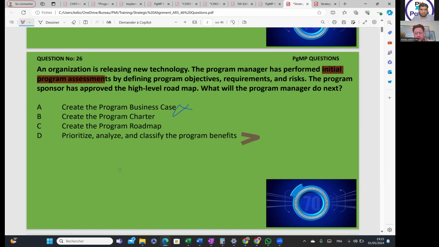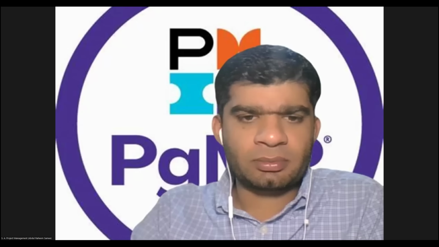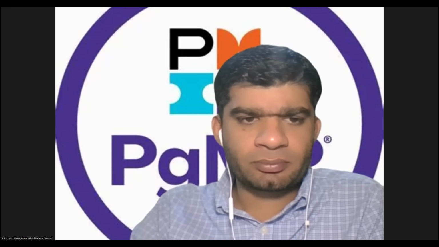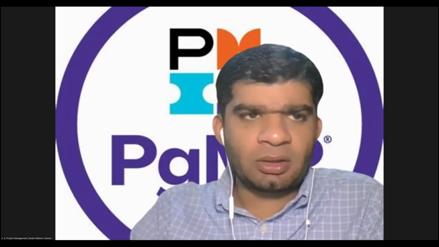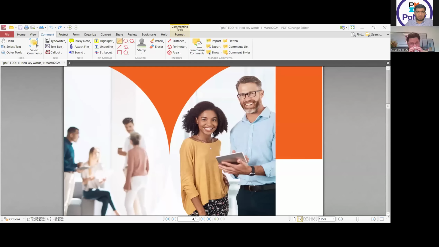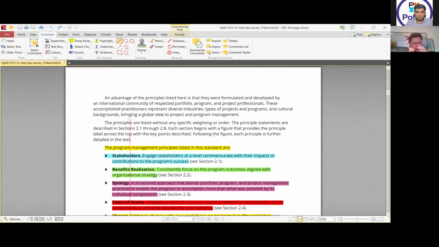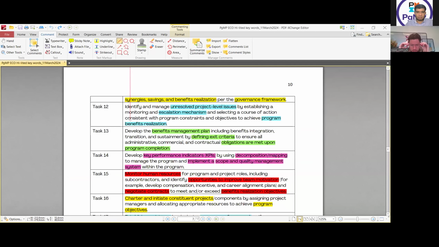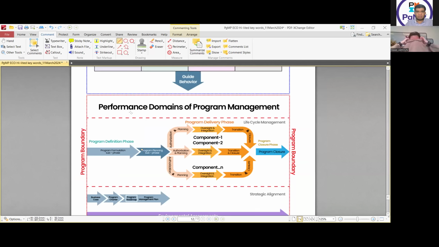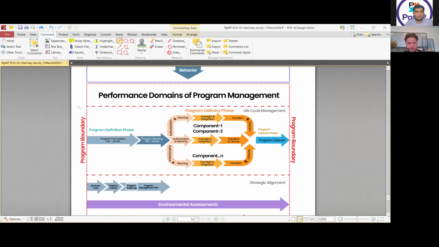Let me explain one thing. The key point that you have to keep in mind is these performance domains. Whatever we are doing here, the high level roadmap or high level assessments, are done outside.